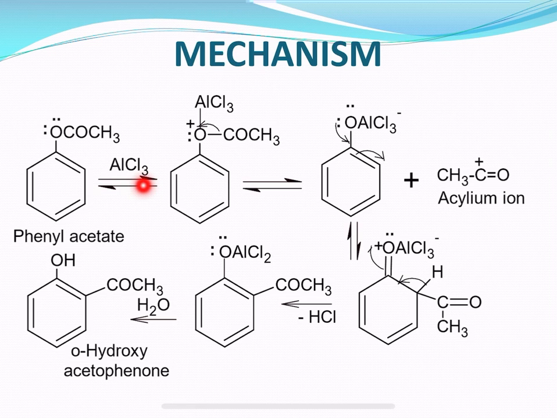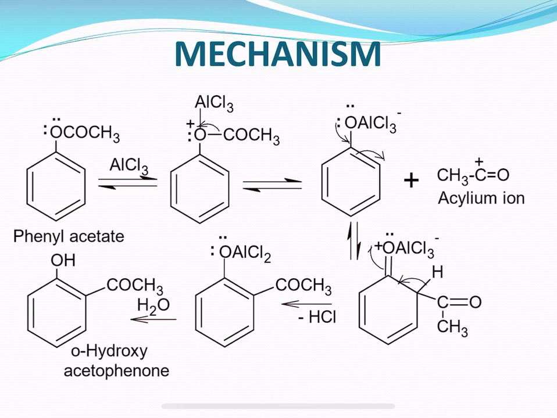AlCl3 is a best example of a Lewis acid catalyst. The formation of the complex with the carbonyl oxygen is favored over the complexation of the phenolic oxygen, since the carbonyl oxygen is richer in electrons and it is therefore a better Lewis base.